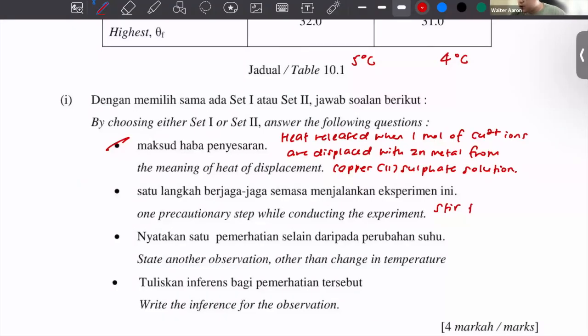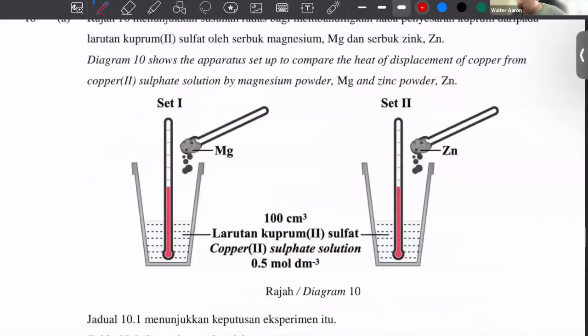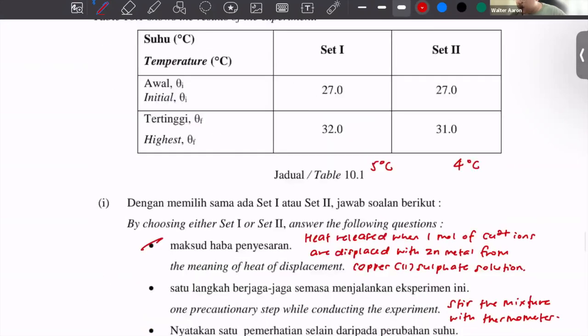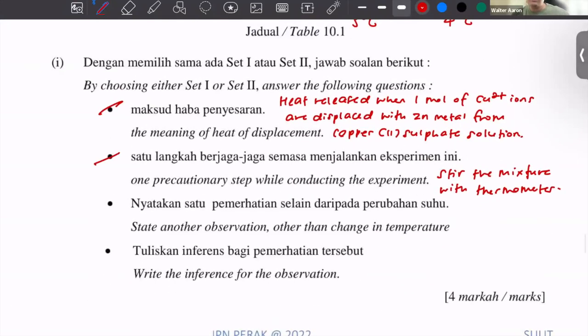So stir the mixture with the thermometer. You can also mention that we should use a polystyrene cup, because if you use any other materials, the heat might be lost to the surroundings. So that's not what we want.